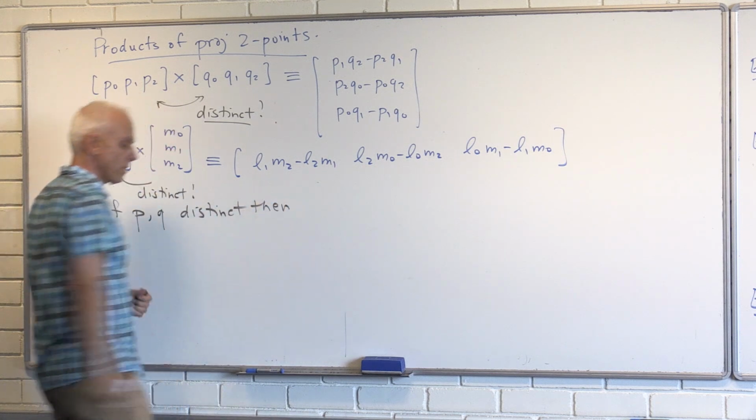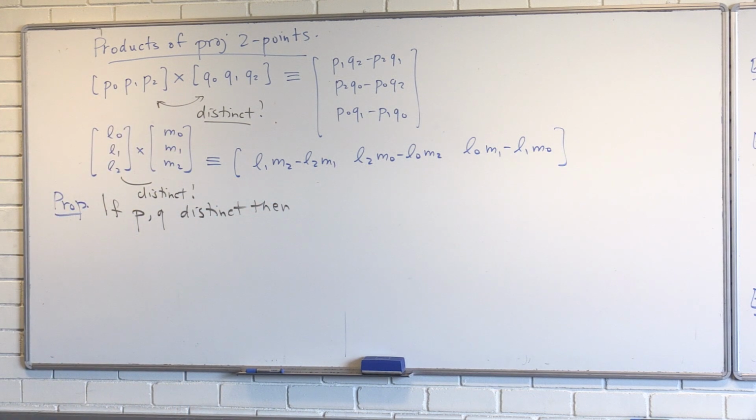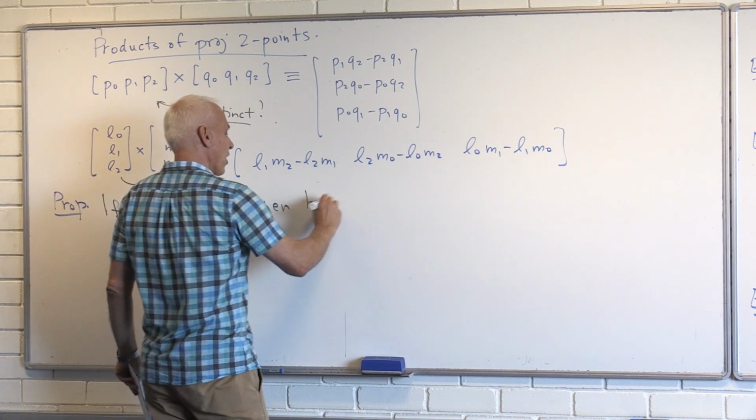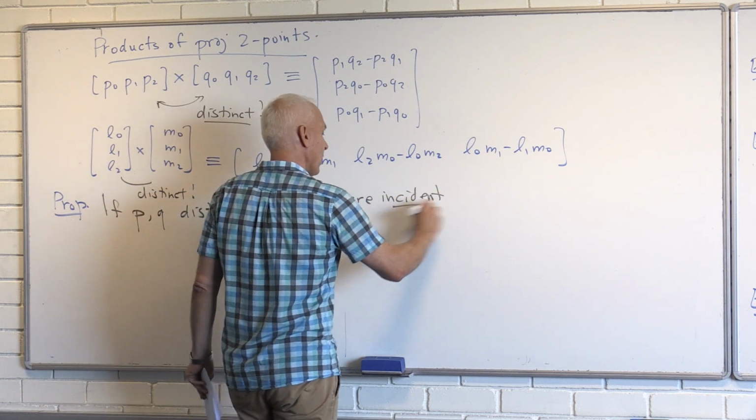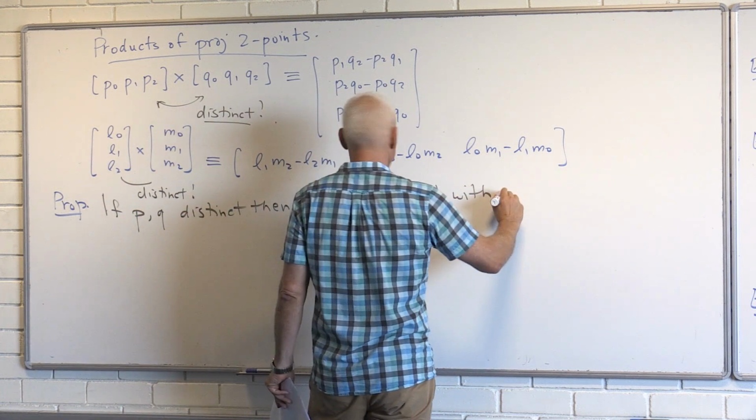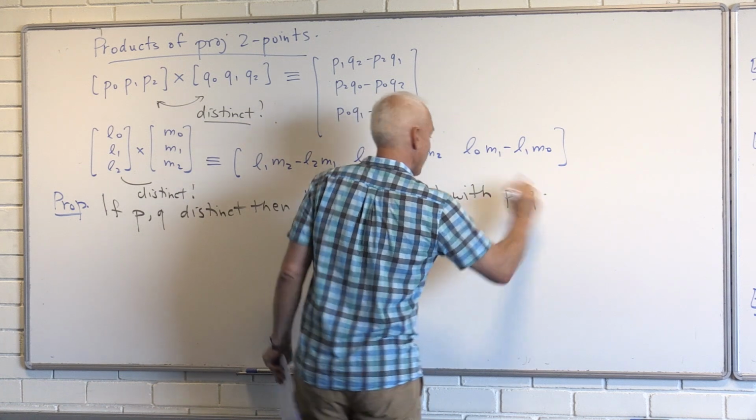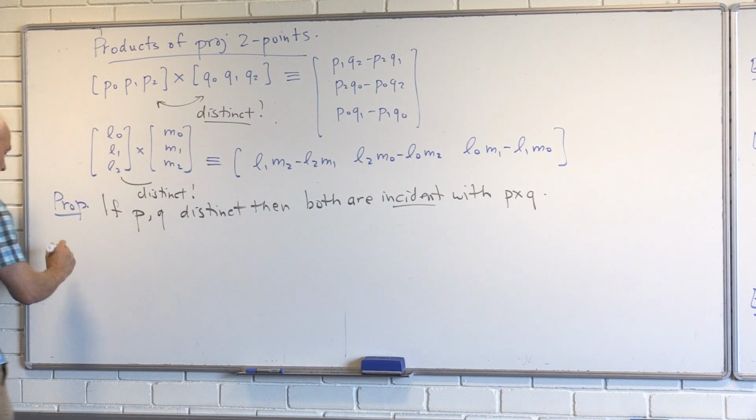then both are incident with P cross Q. And I have to tell you what incidence means.